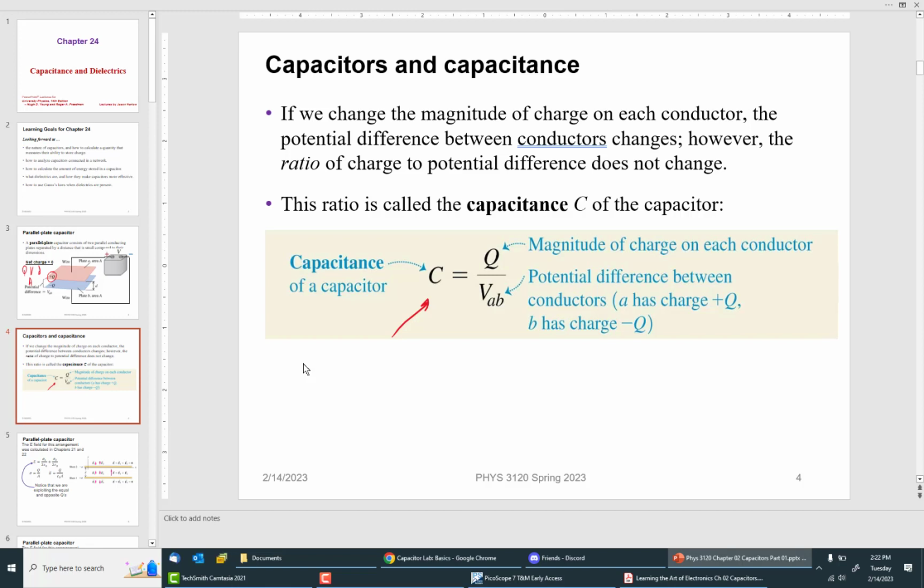At the end of the day, the capacitor is storing energy in an electric field. You may recall from your 2200 type that electric field is equal to volts divided by distance, volts per meter. So you can see where we're going with this. The more Q I can store, the higher my capacitance, and the less voltage I need to store that amount of Q also means a higher capacitance.